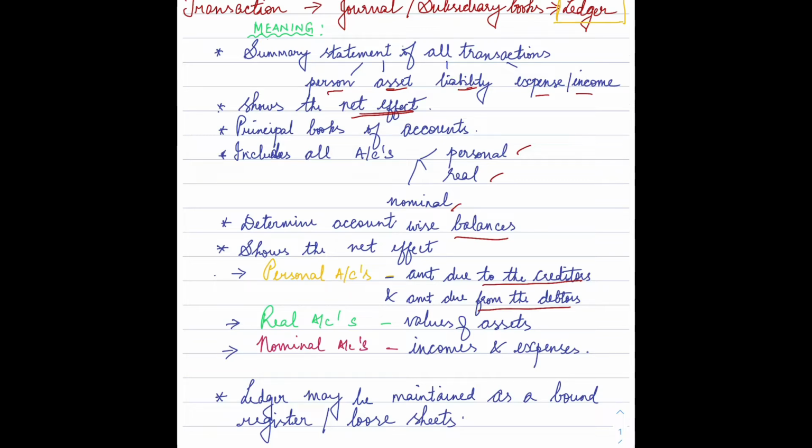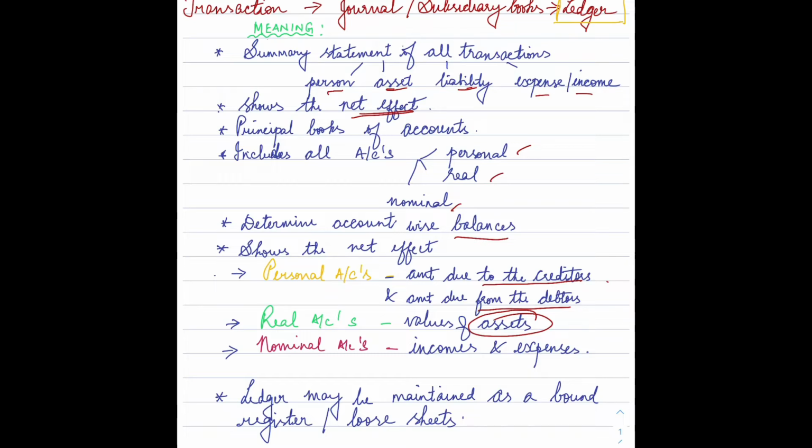That means how much the business has to pay to its creditors on account of credit purchases. Similarly, when it makes sales on credit, it should know what should be the receivables from such debtors. Real accounts will disclose the value of assets, what will be the value of cash or the value of furniture at the end of a period and so on.